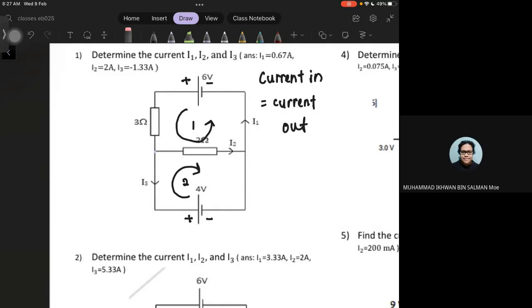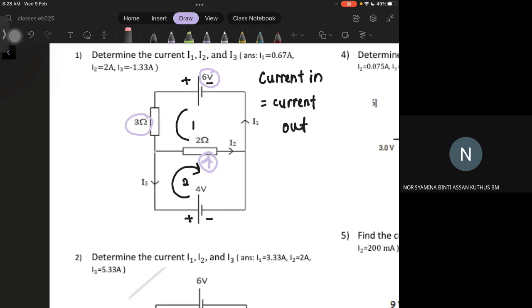No. Alright. So now untuk loop 1, so kita akan ada VR3 plus VR2 ohm equals to 6 volt. Okay, untuk loop 2 pula kita akan ada apa? Kita akan ada current voltage untuk resistor ini, voltage drop at this particular resistor VR2 equals to 4 volt.